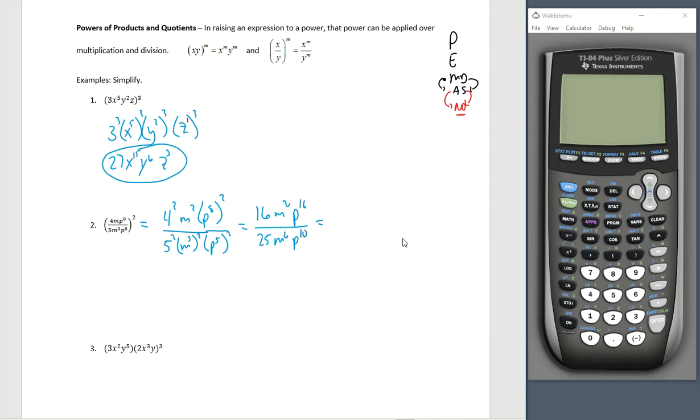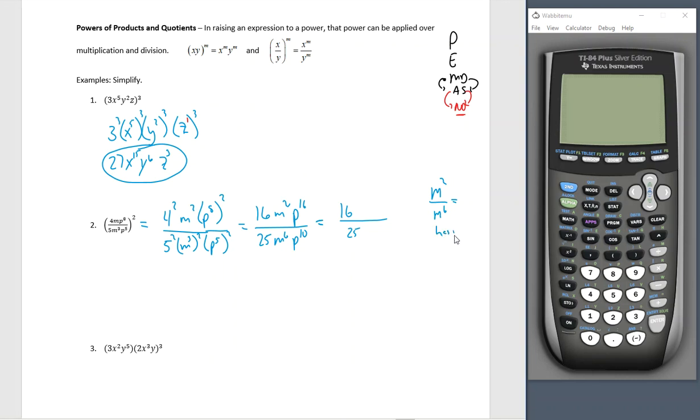Now, a little bit of a trick I have, and it still uses that quotient rule from the first page, but notice the 16 and 25 have nothing in common. So this answer is definitely going to take on the form of a fraction. But let's look at these m's. I have 2 m's in the numerator, and I have 6 m's in the denominator.